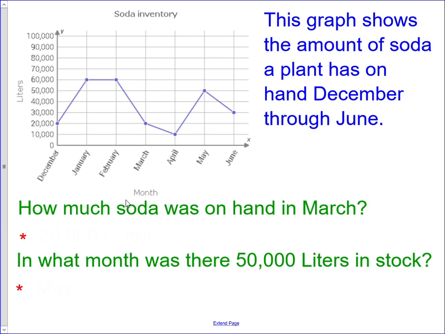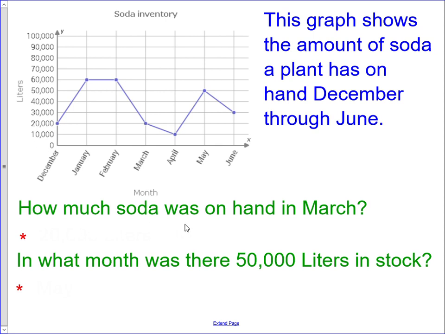Let's look at a graph and see if we can figure out a couple things from the graph. This graph shows the amount of soda a plant has on hand December through June of a particular year. You can see that the x-axis is the time, and that time is represented in months. The y-axis is the number of liters produced or on hand during that time, and they have intervals of 10,000.